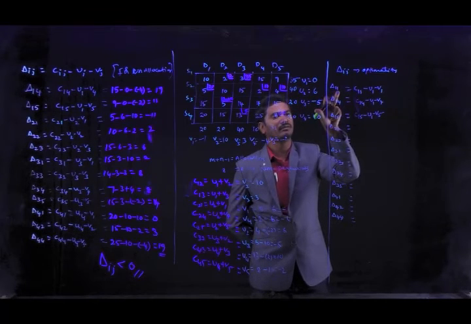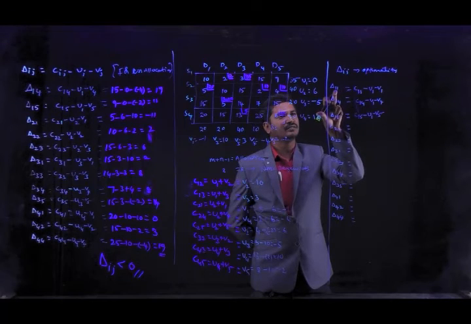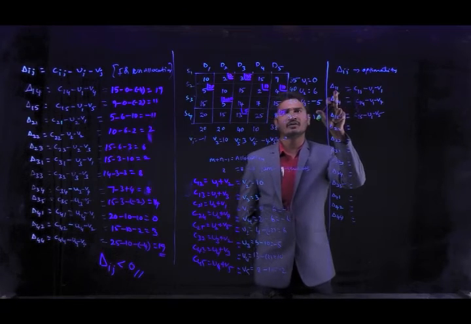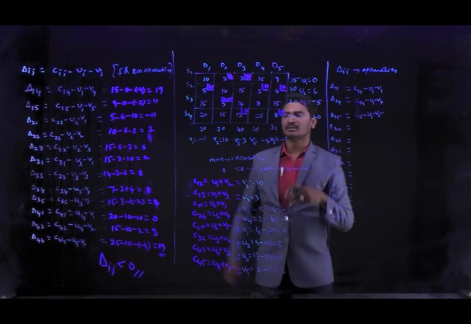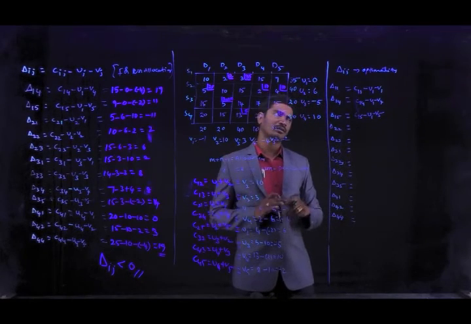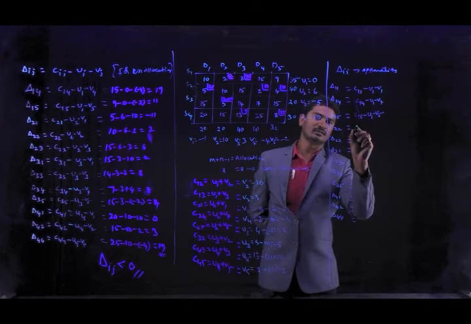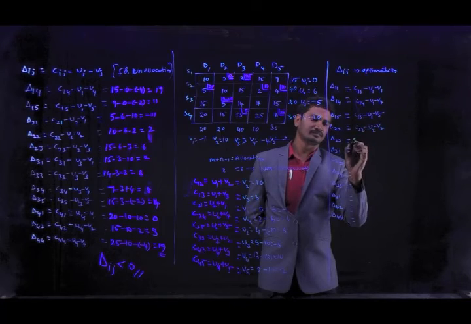Delta 11 means here it is C11, and it is the first row and the first column. So C11 minus U1 minus V1. Why are we taking U1 and V1? U shadow prices are at the row and V shadow prices are at the column. That's the reason we are taking U1 and V1. Here also C22 U2 V2.